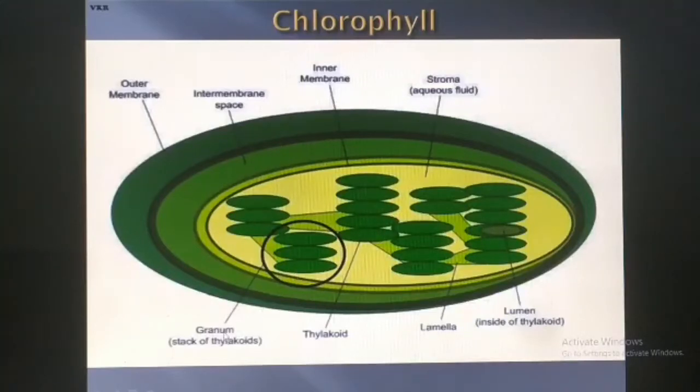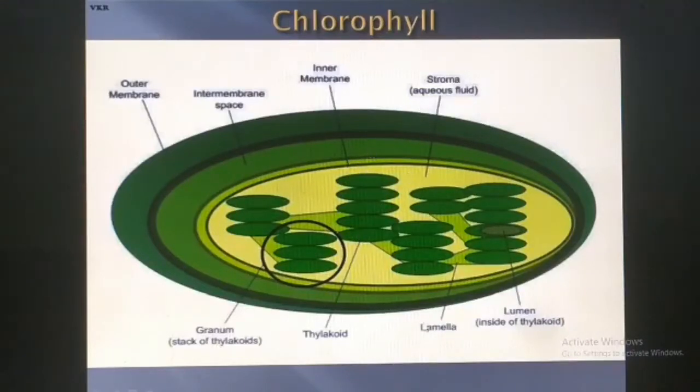So there are two basic major structures present inside the chloroplast. One is the stroma, which is the liquid part, and the grana, which are stacks of thylakoids. This piled up structure is called thylakoid. This is granum and this is the aqueous area, stroma.